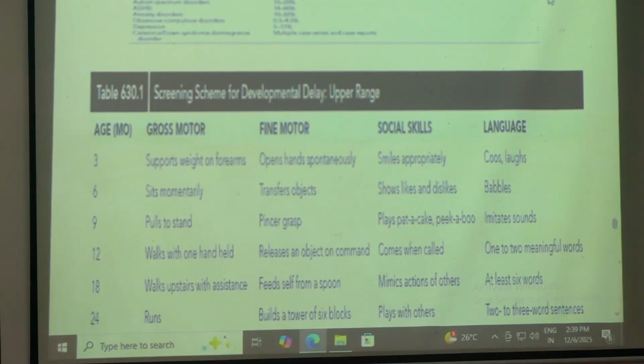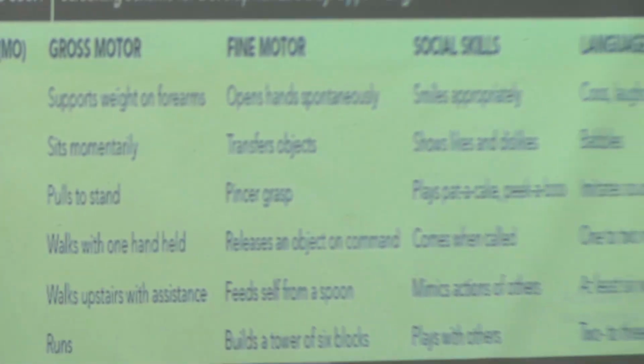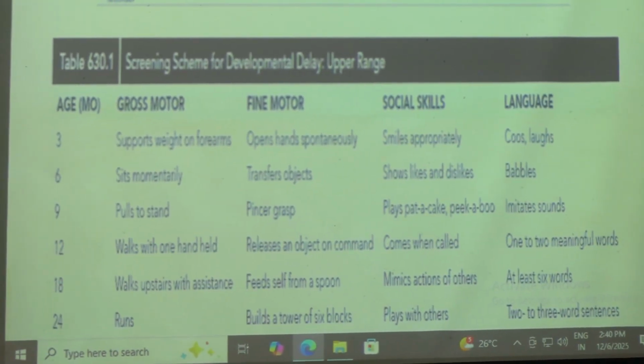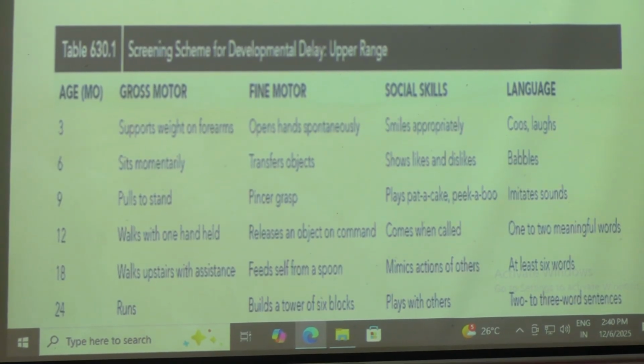This is how you assess a baby for development. What is gross motor, what is fine motor, what is social skill, what is language, you have to examine separately. Understand my point?